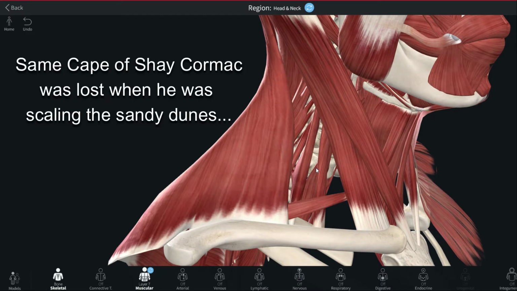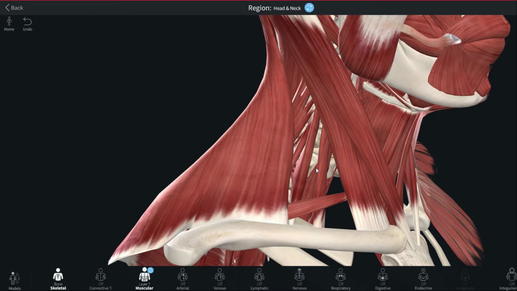same cape of Shay Cormac was lost when he was scaling sandy dunes. Okay, I know the mnemonic is not a very common one. But then again, these muscles are not very common either.